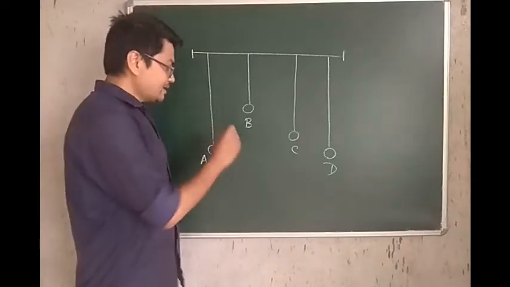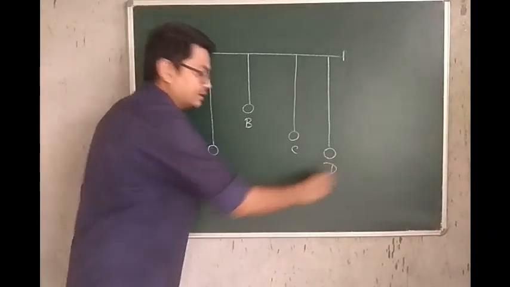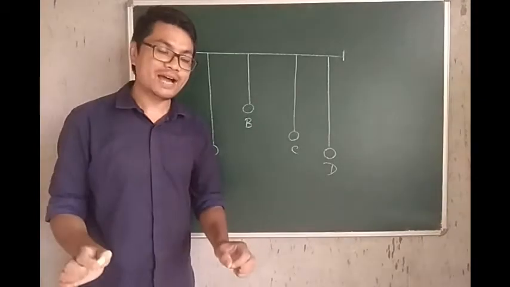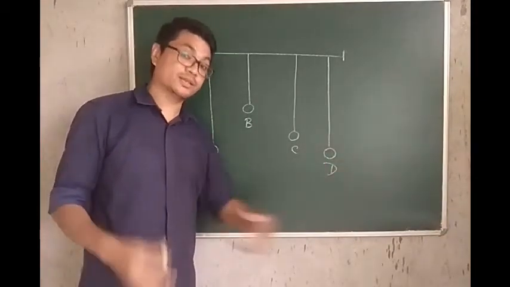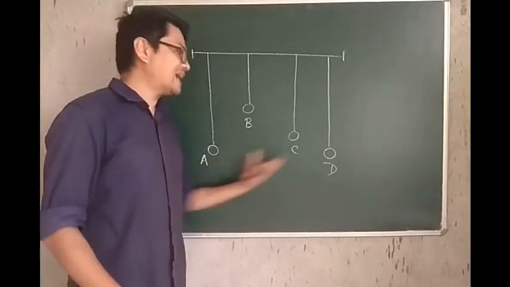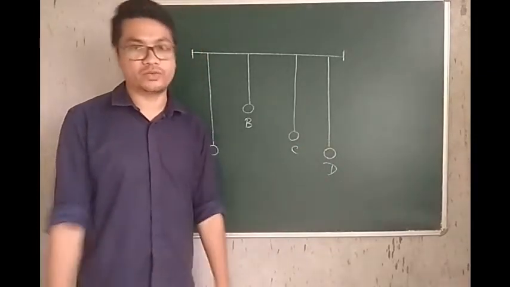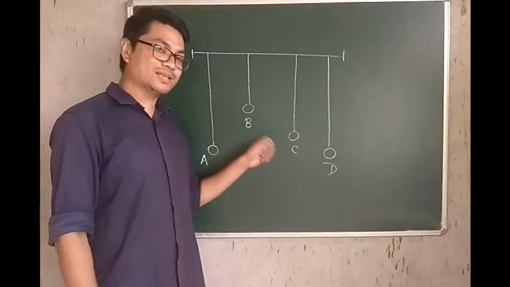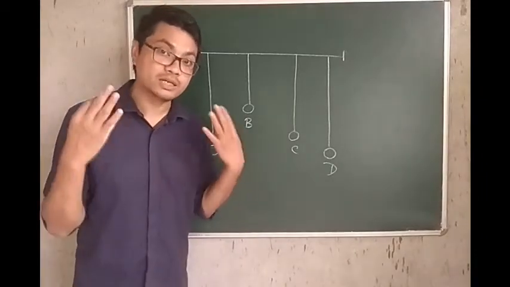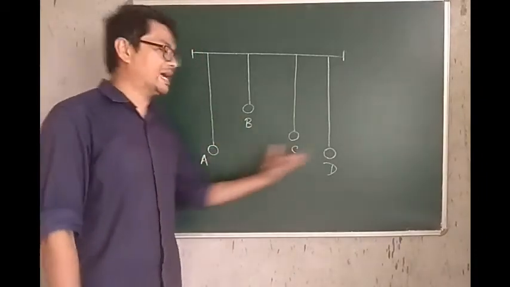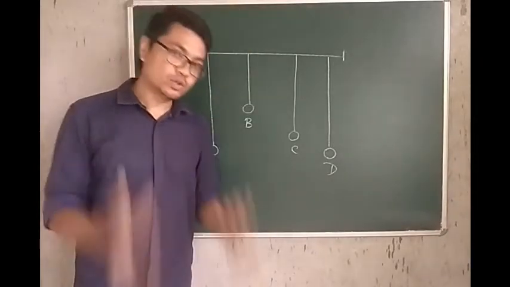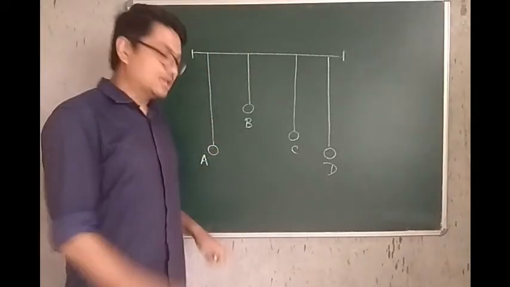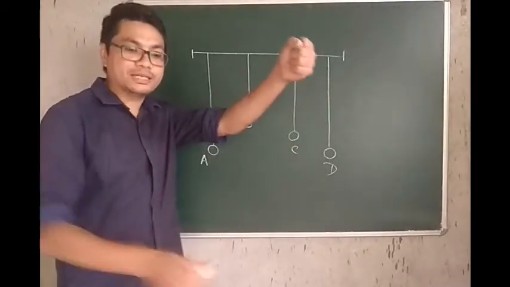Since A and D have the same length and the same mass hanging, A and D will have the same natural frequency, whereas the natural frequencies of B and C are different from A and D, simply because they have different lengths. Now what we do is, we make pendulum A oscillate.